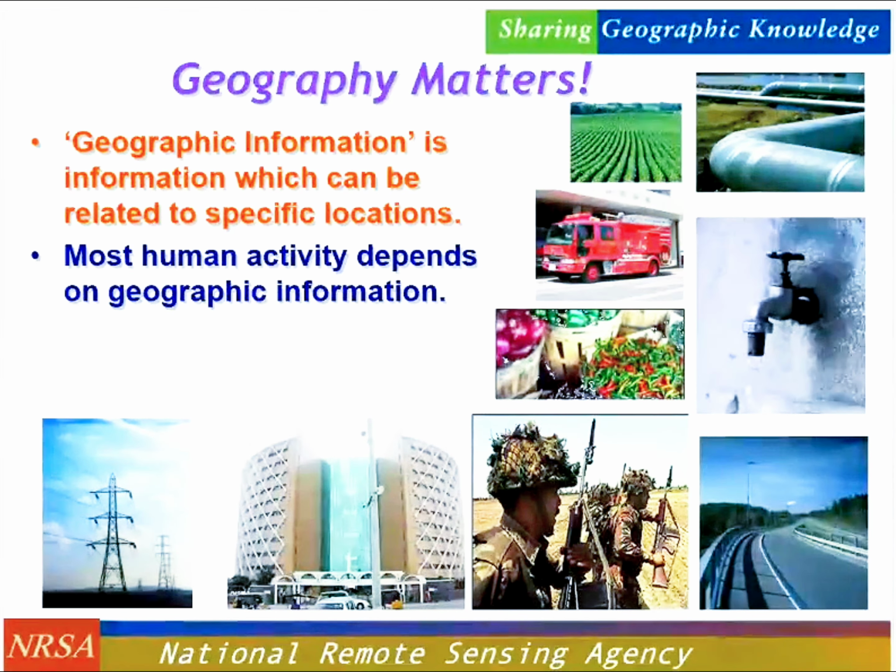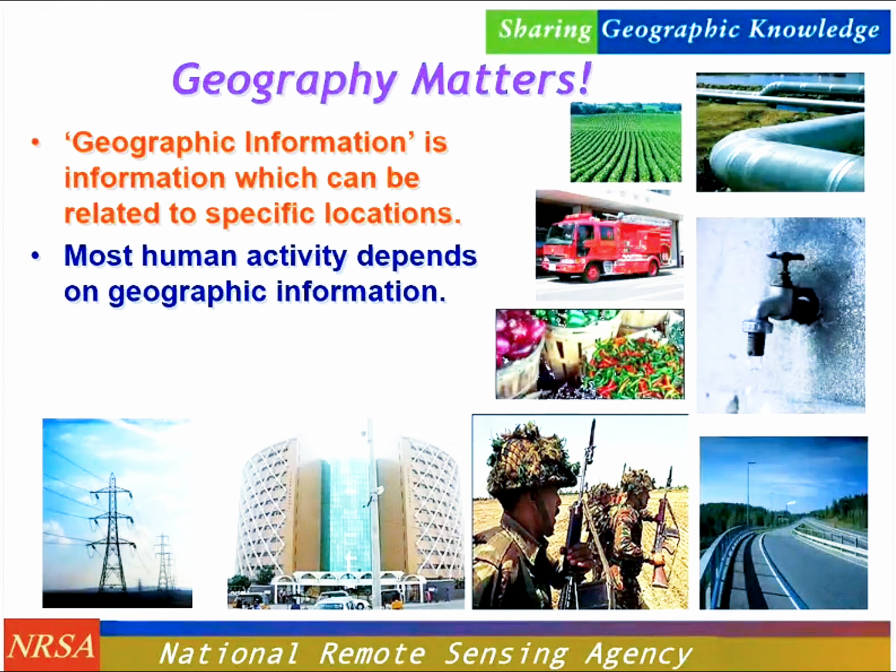Each and every activity is related to a location on the earth surface, which is nothing but geography, or the earth globe, right? And most human activity depends on geographic information.